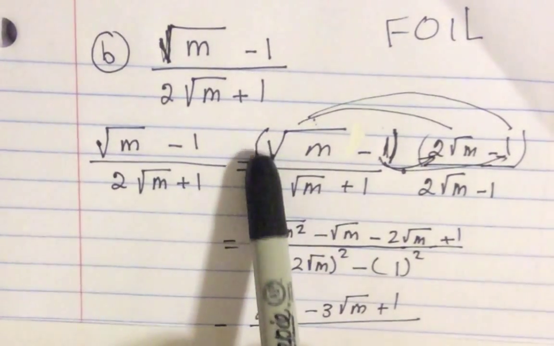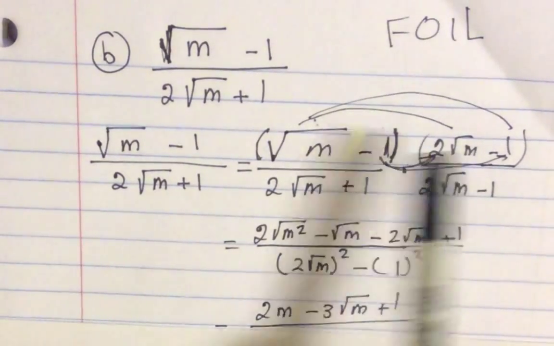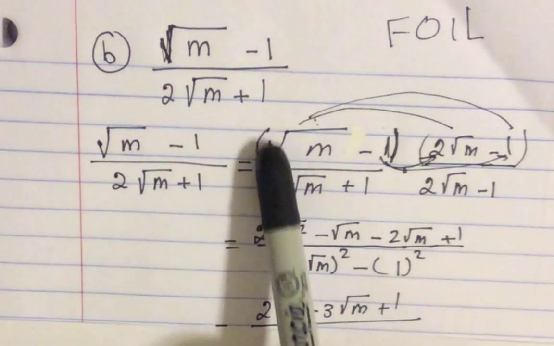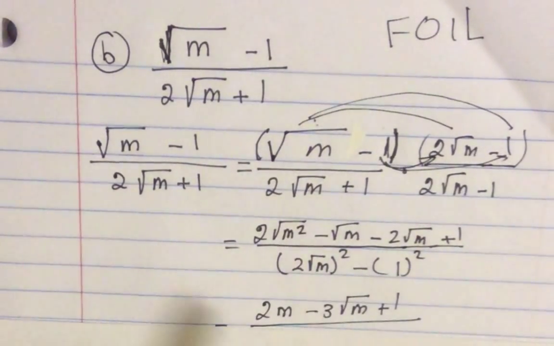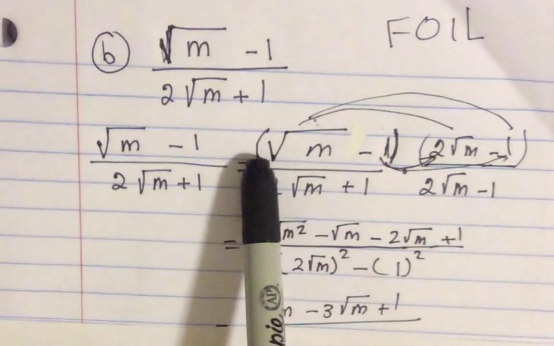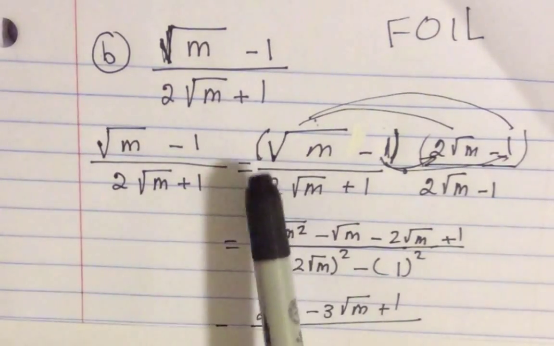So over here the outside is 1, an invisible 1. On this one the outside is 2. So multiply the outside times the outside. The 1 times 2. This outside number, by the way, we call it the coefficient of the term. So if you want to talk mathematics, that's the coefficient. We don't say the outside.